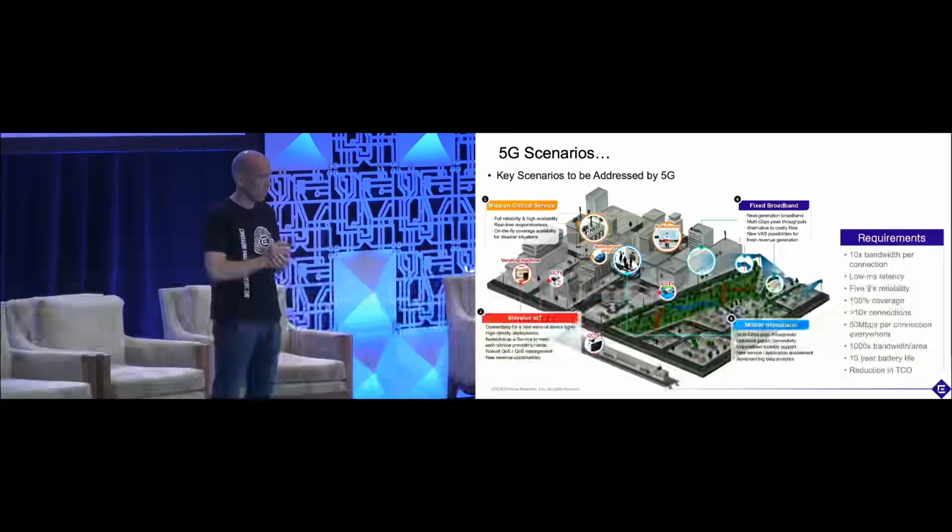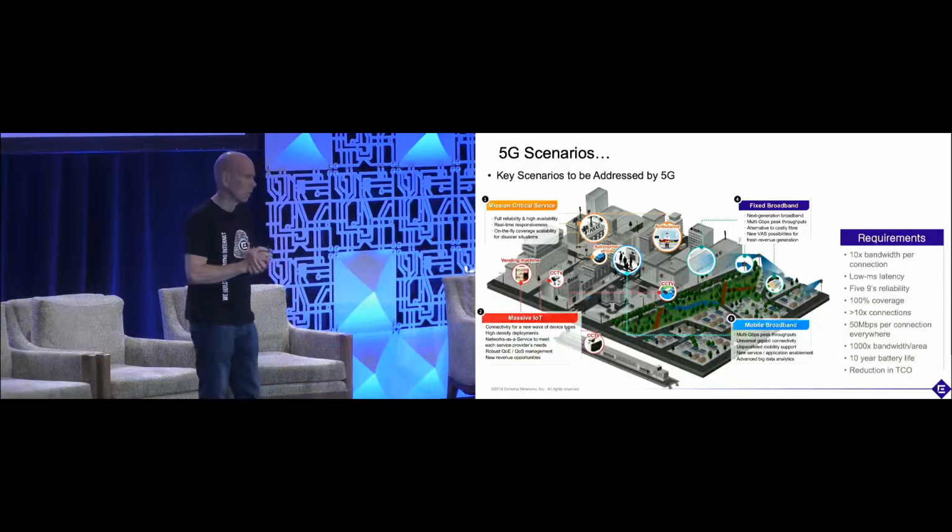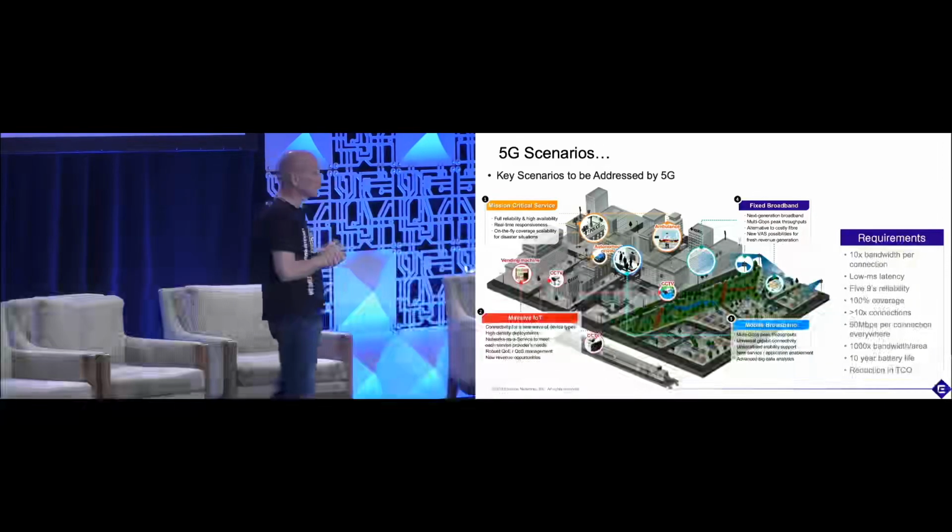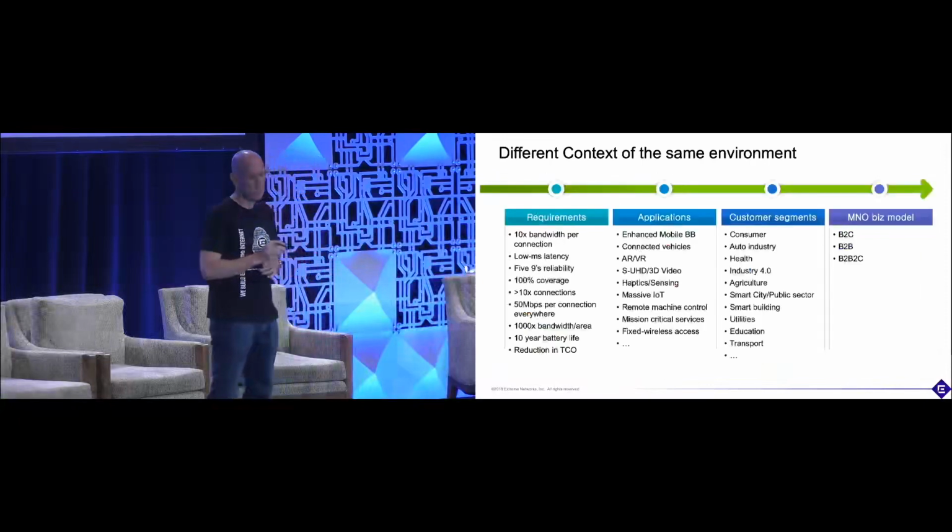And then you go into things like long lifetime of batteries on the IoT stuff, and so on and so forth. I'm not going to dig into all those details. What this slide shows you is something I've been discussing already: different applications, customer segments, the MNO business model, and so on. So you have these slides as a reference. I'm not going to spend that much time on them.